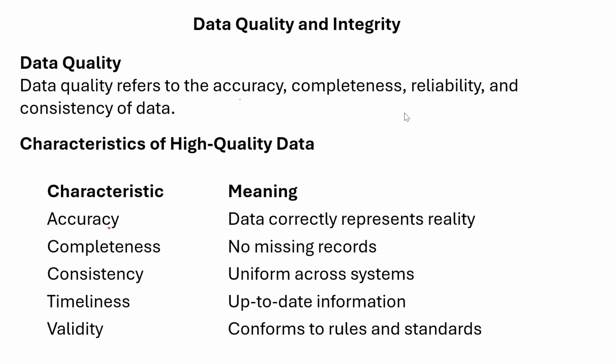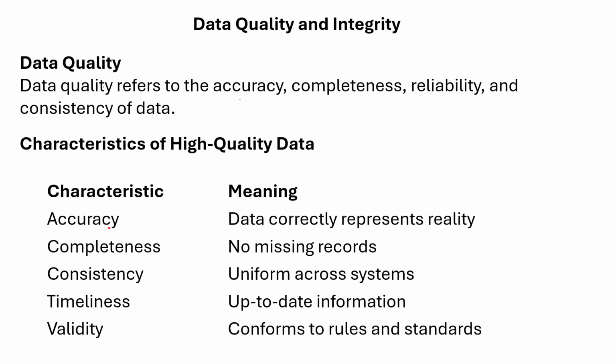So data quality: the accuracy, completeness, reliability, and consistency of the data of each individual. We are only 40 million here. If you compare ourselves to China, over 1 billion, right? We are only 40 million. So if the data is not accurate, then we need to correct it.